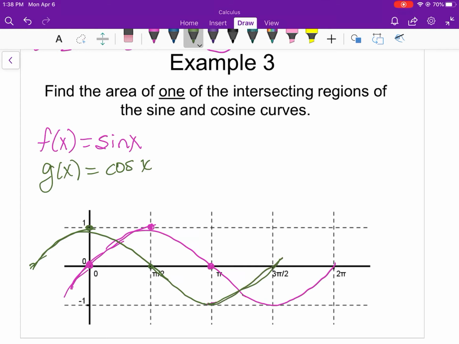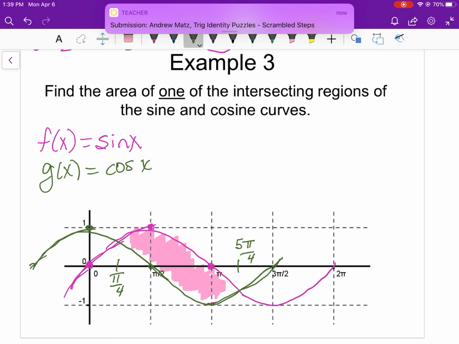Okay, so it says that we want to find the area of one of the intersecting regions. So you're actually going to be finding this area here. The sine and cosine are exactly the same at pi over 4. And this would represent 5 pi over 4.